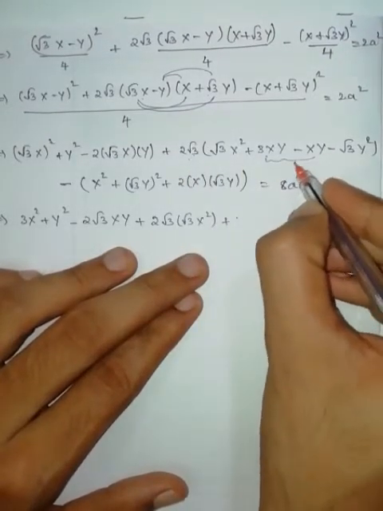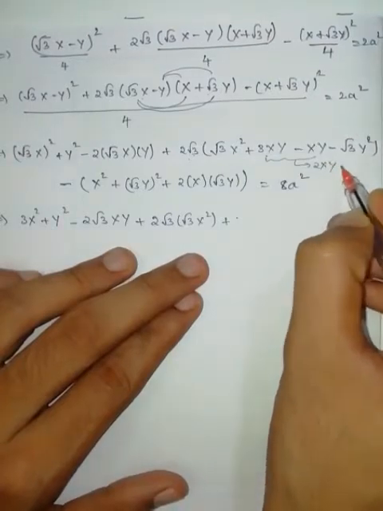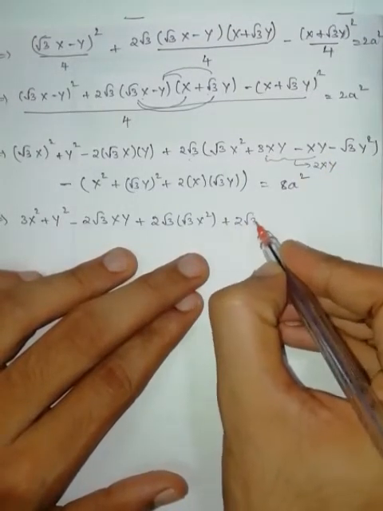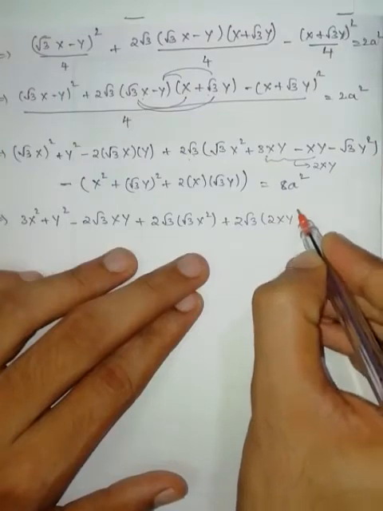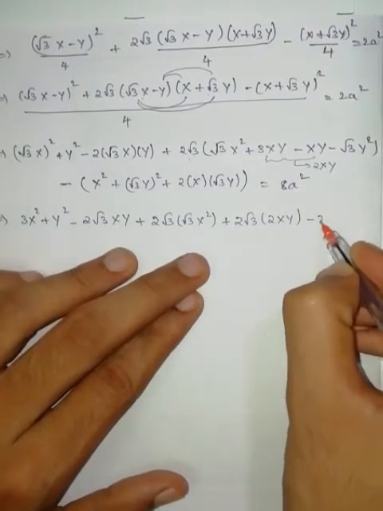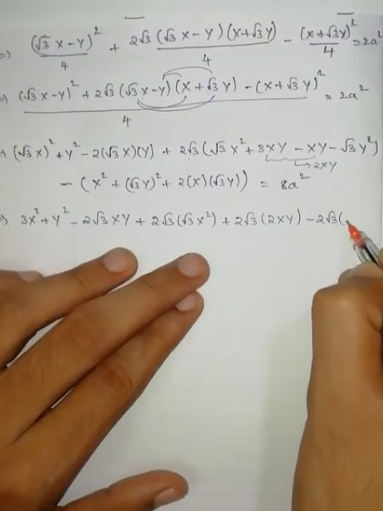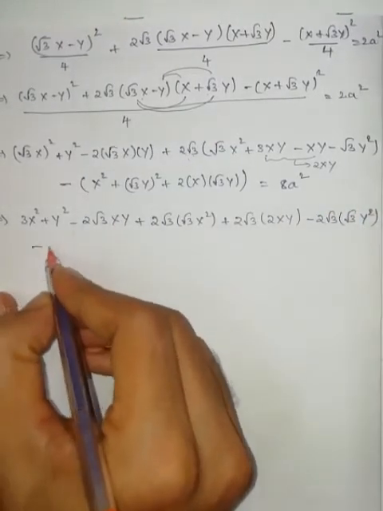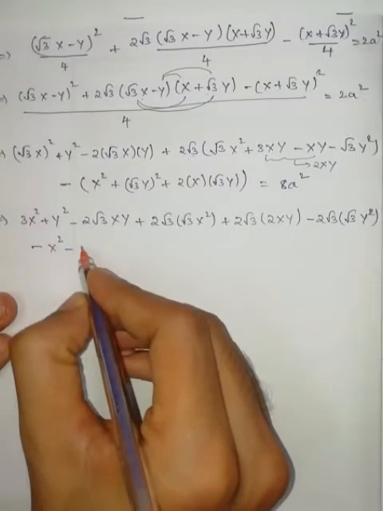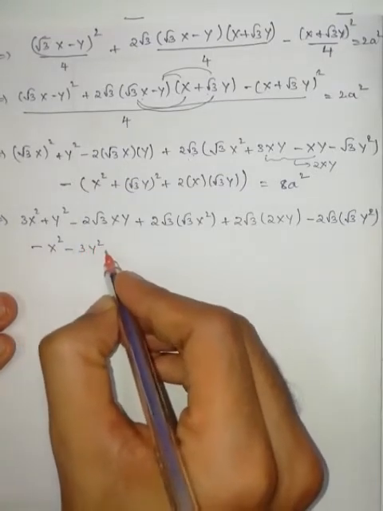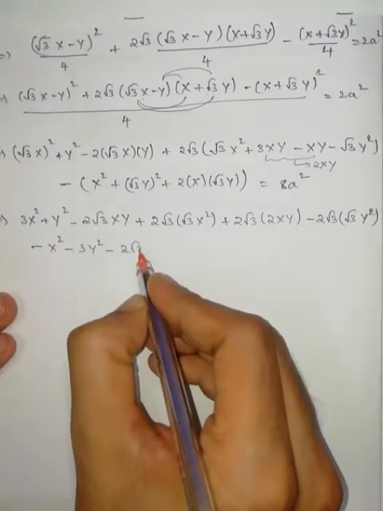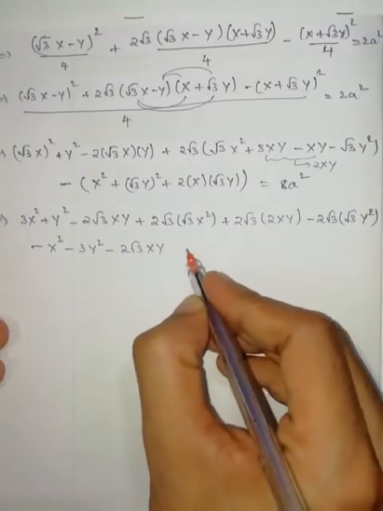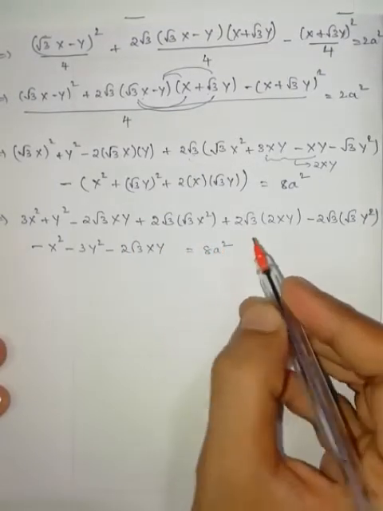This one becomes 2XY, 2 root 3 into 2XY, minus 2 root 3 into root 3 Y square, minus X square minus 3Y square minus 2 root 3 XY is equal to 8a square.